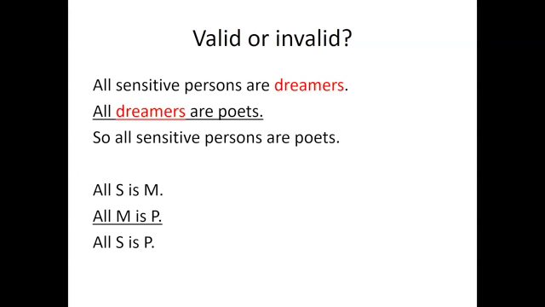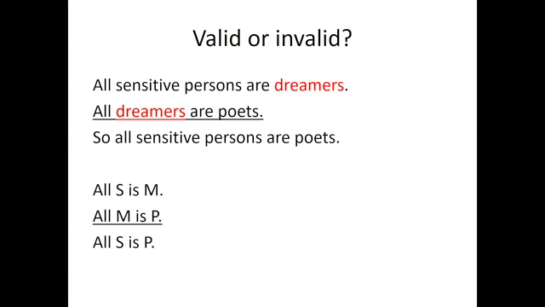And we saw in our chart that if the proposition is of the form all S is P, the S term is distributed, but the predicate term is not distributed. So that means that here, where it says all sensitive persons are dreamers, dreamers is not distributed. So the middle term is not distributed in the first proposition.